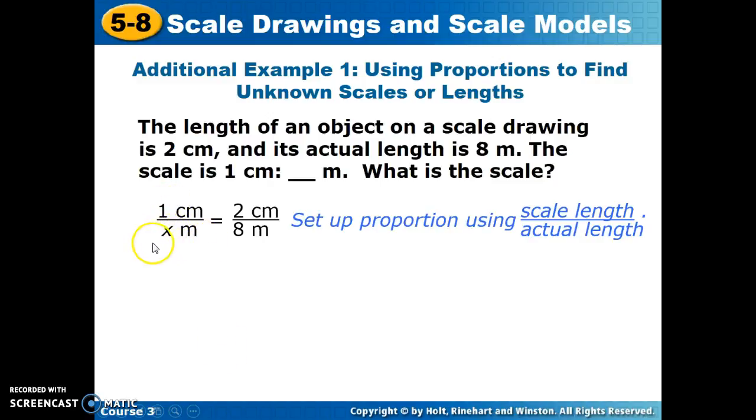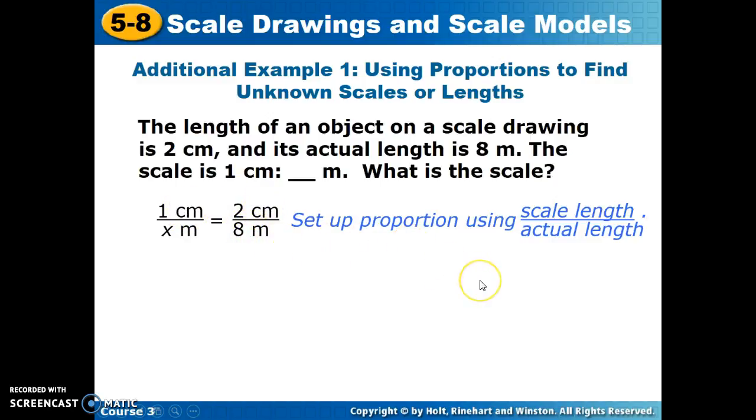Oftentimes we'll put the scale on the left. It doesn't really matter. You could have put it on the right, but we're setting up the drawing on top and then the actual on the bottom. In the drawing it was 2 centimeters, that goes on top with the other centimeters, and then 8 meters on the bottom was the actual.